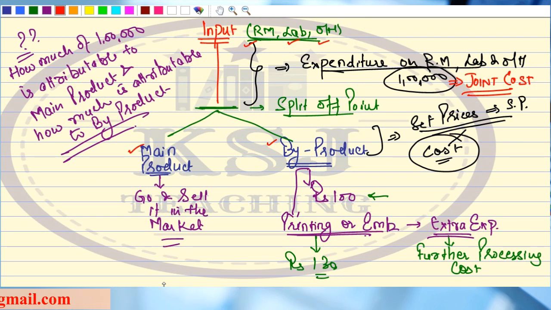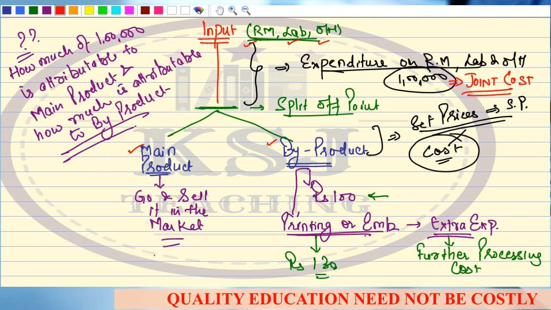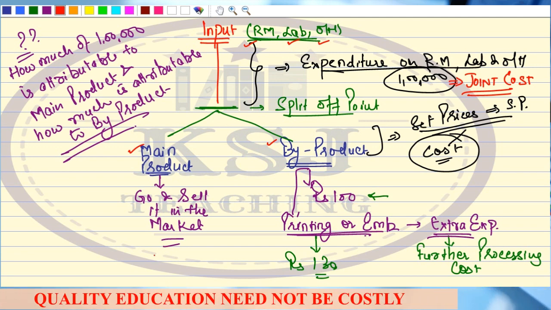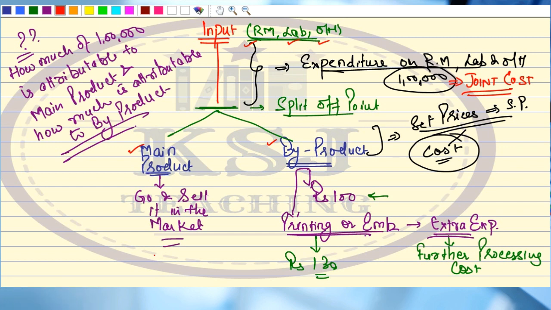When we go to the market, we will sell these products separately, so you will have to set the selling price separately. If you want to set the selling price separately, you will need to find the cost separately, but it is a joint cost of 1 lakh rupees. So this is what we have to study in this chapter, how this joint cost of 1 lakh rupees is to be distributed between the main product and the byproduct.